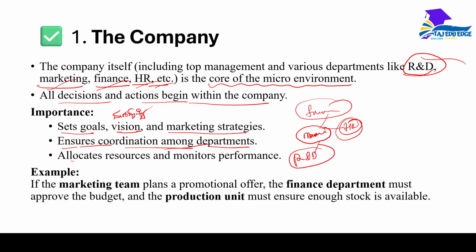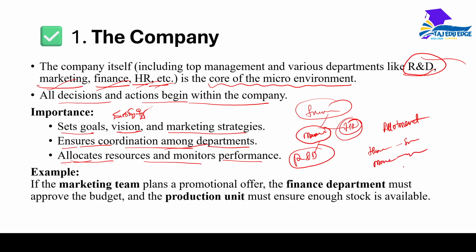Next, it allocates resources and monitors the performance. Here the top-level managers allocate the resources, right? What is the meaning of allocation? Allocation means allotment. Let's say you need human resource. How many employees are required in marketing? That will be provided. How much money is needed? That will be provided.